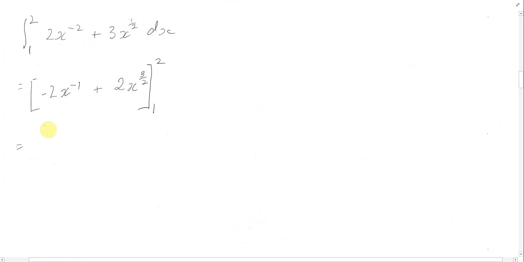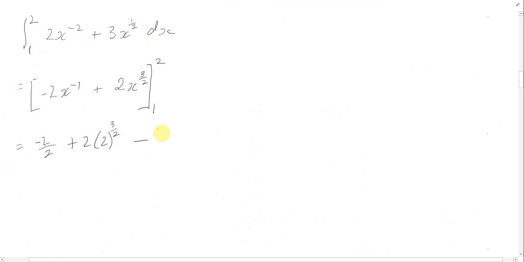We have minus 2, and x to the minus 1 is just something divided by x, so minus 2 over 2 plus 2, and then 2 to the power 3 on 2.